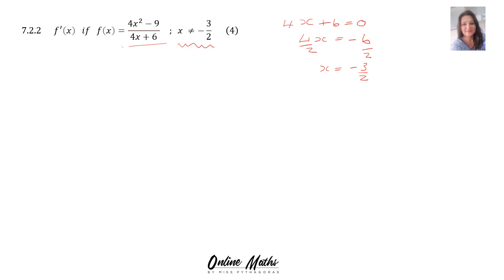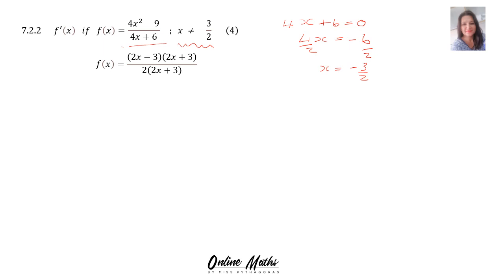But just ignore this. It's got absolutely nothing to do with where you're going to get marks from. All right, back to finding the derivative. We cannot find the derivative with this 4x plus 6 under the line. So what you're going to do here is at the top on the numerator, that was the difference of two squares.